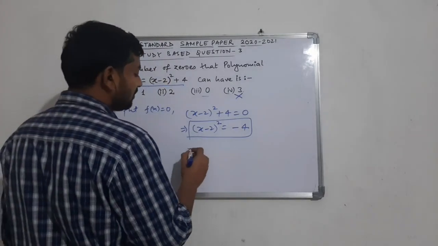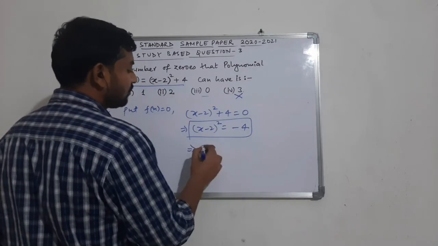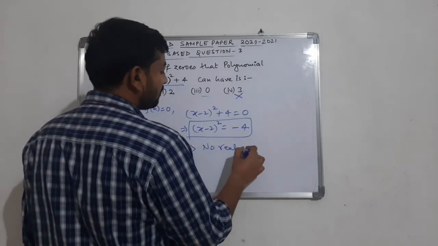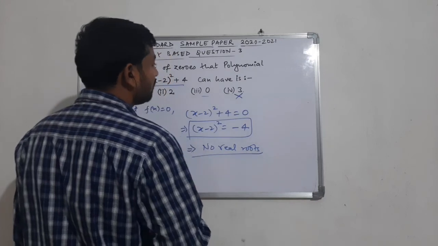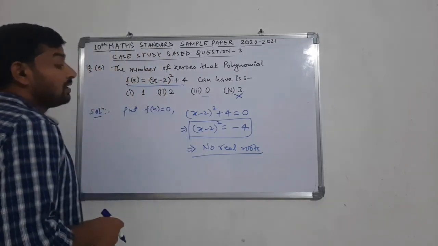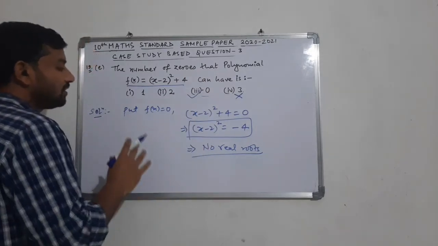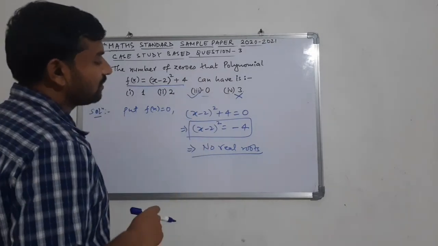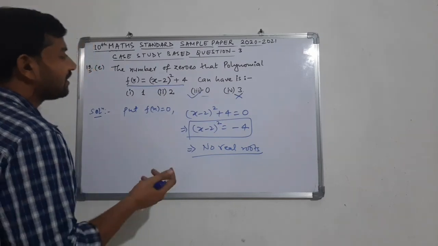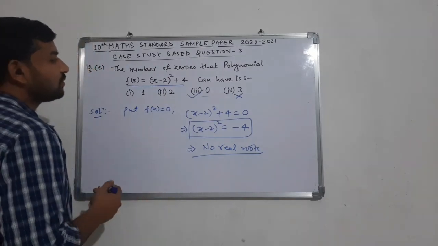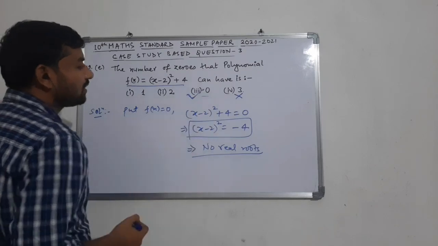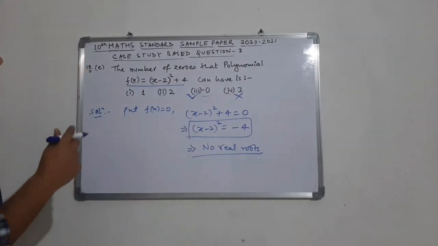So in this case there will be no real roots. So the number of zeros which we can have here is 0. मीन्स इस इक्वेशन का कोई भी रियल रूट एग्जिस्ट नहीं करेगा, इसलिए यहाँ नंबर ऑफ जीरोज जो होंगे हम 0 रखेंगे. Means the third option is the correct answer.